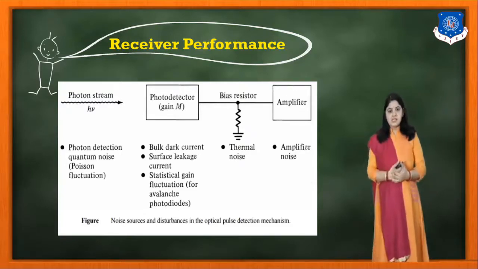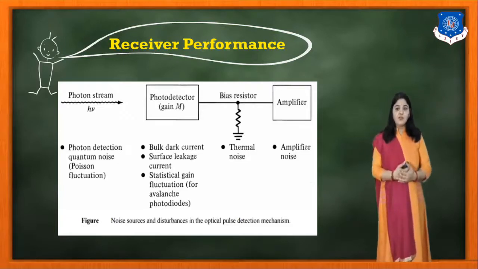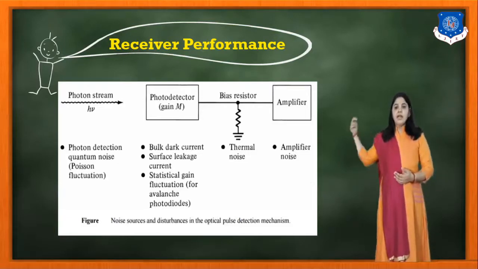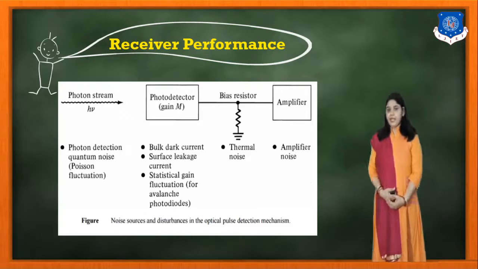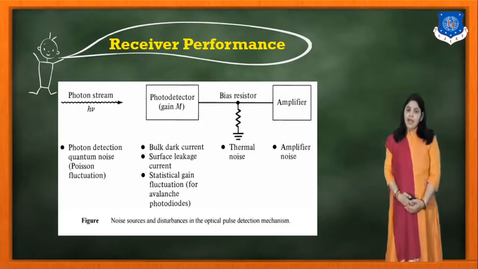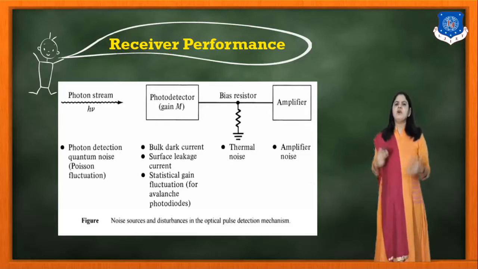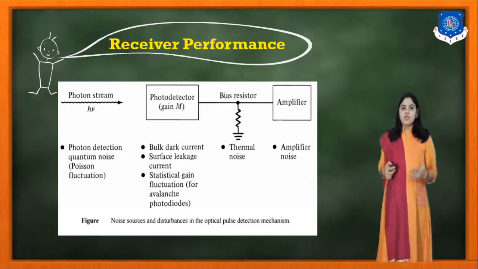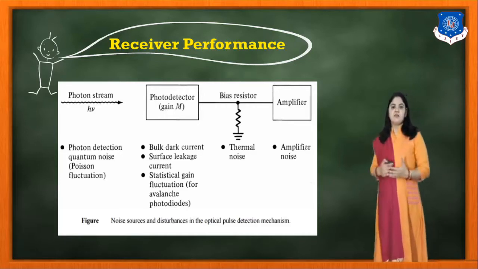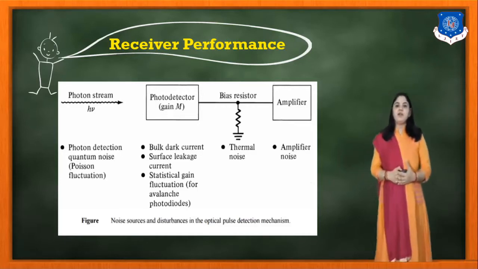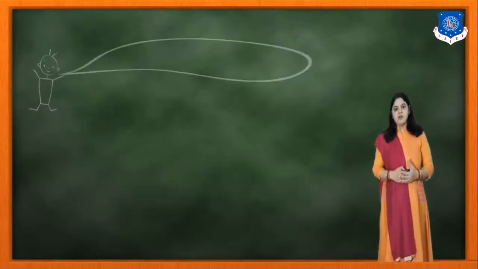The bias resistor is there, providing some thermal noise. The output is connected to the amplifier, and if noise is at the input end, it can also be amplified by the amplifier. So these are the noise sources and disturbances in the optical fiber detection scheme.